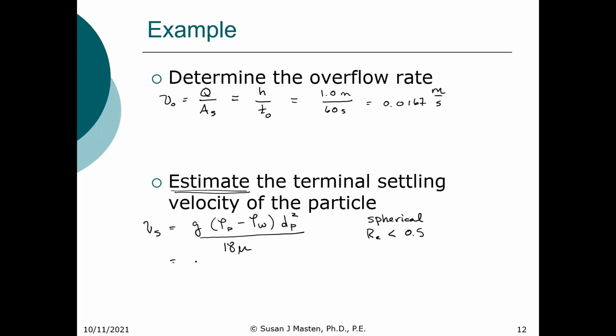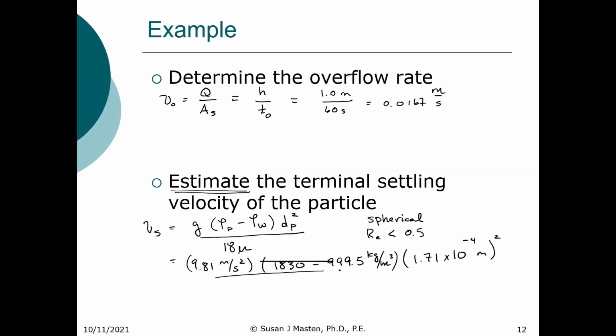So if we do, this is 9.81 meters per second squared times the density of the particle minus the density of water at 12 degrees C times the diameter of the particle. And in the homework, make sure the particle sizes are given in microns, so make sure you convert those to meters.